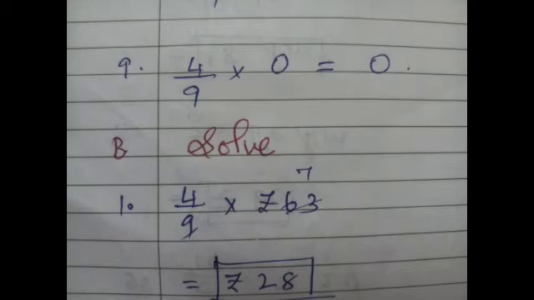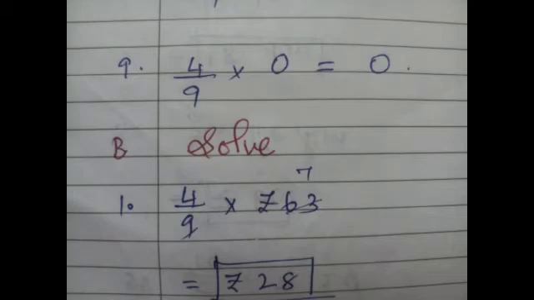Whatever symbol or quantity is there, like measurements, rupees, liter, kilogram, you have to write the same symbol with the cancellation of the number. Here we have 4 by 9 multiplied by 63. 63 is the numerator and the denominator we have a 1.